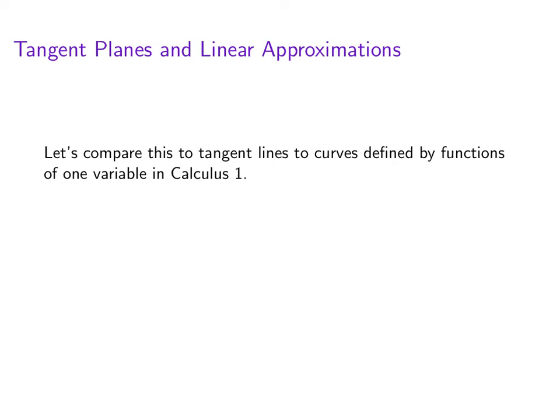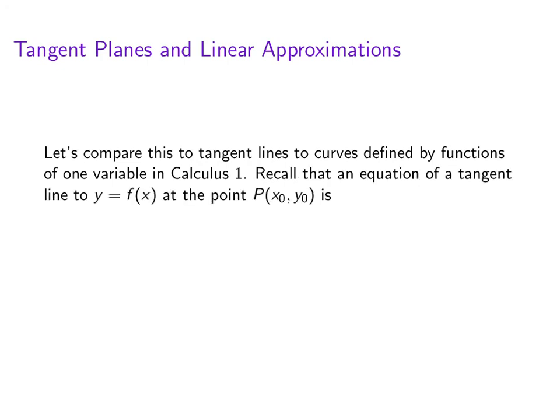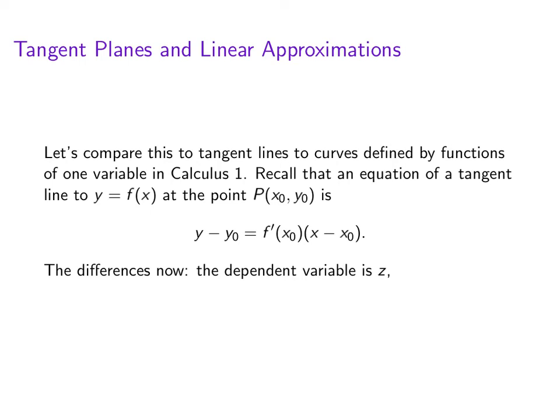And let's go ahead and make a comparison between this and curves defined by functions of one variable that we saw in Calculus 1. Remember that in order to write down an equation of a tangent line, we had to do this. y minus y0 is equal to f prime at x0 times x minus x0. Let's look at the differences between that equation that we knew about before and this one. So the differences are, the dependent variable is z.